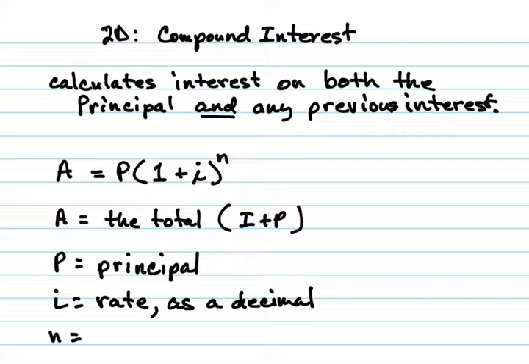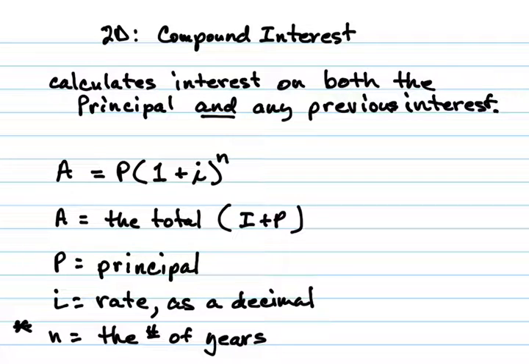And n is the number of years. However, we want a little asterisk there, because n is the number of years, but you can compound more than 1 year. Okay? Now this formula can be used for either deposits or loans. It's the same formula if you deposit money or if you borrow money. The formula stays the same.